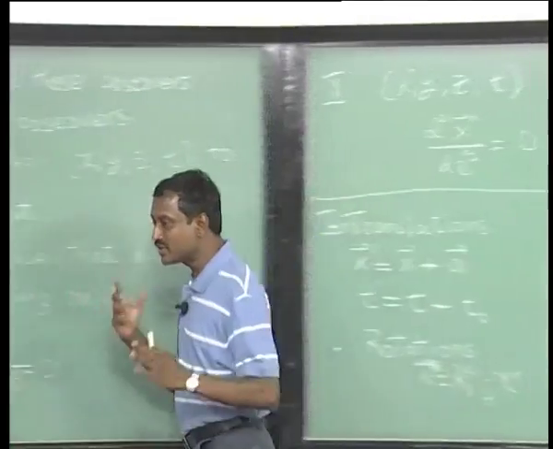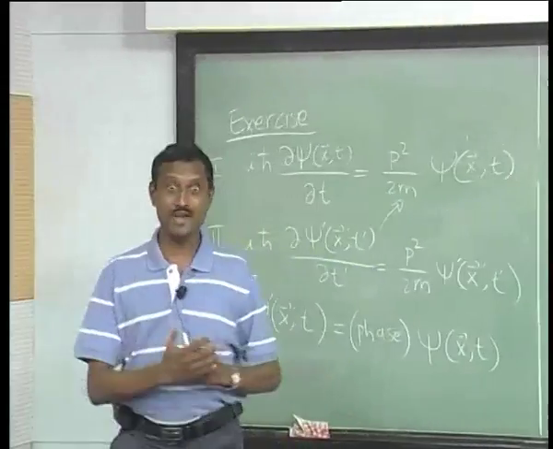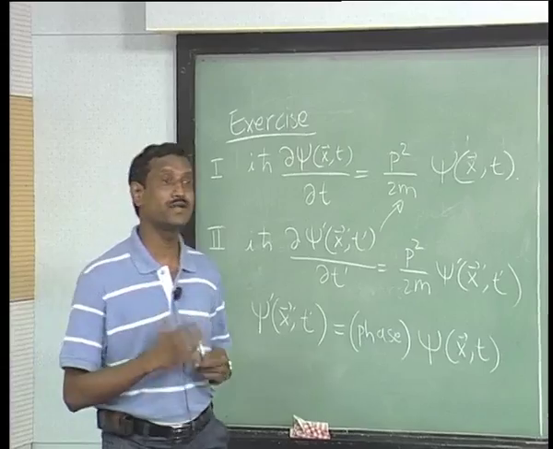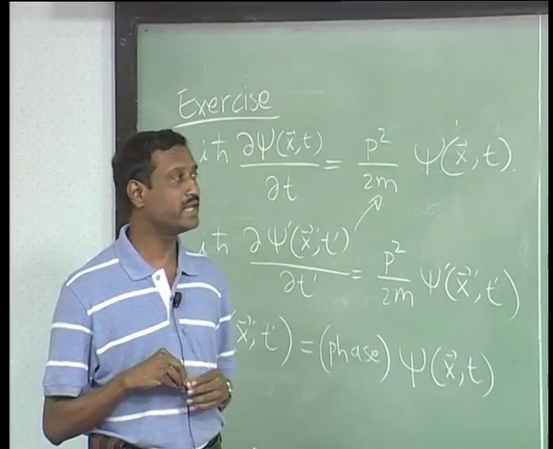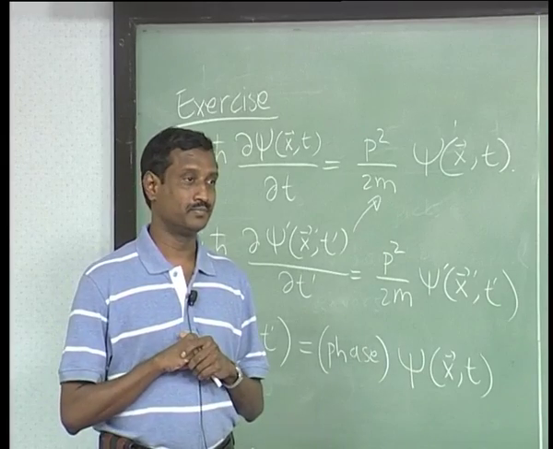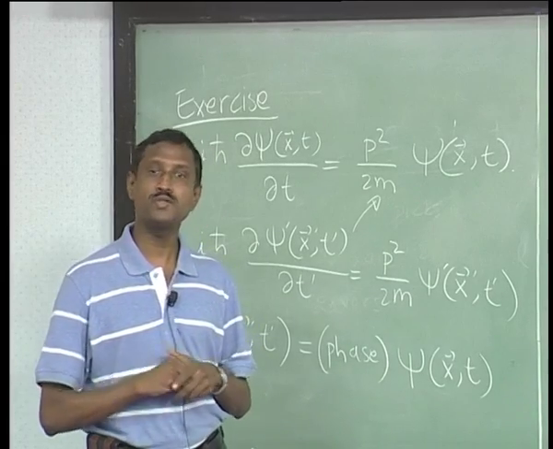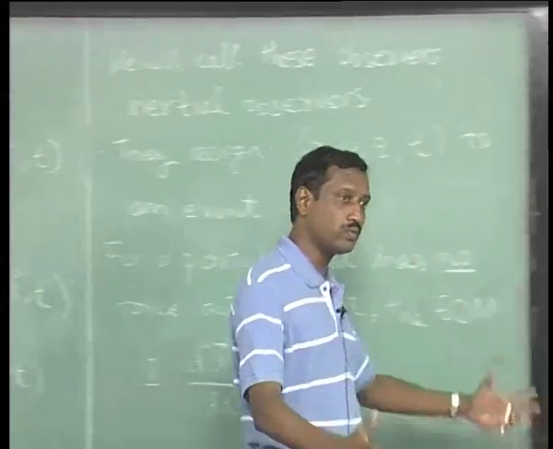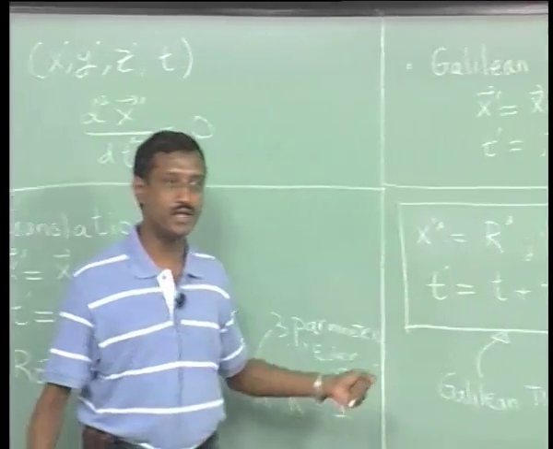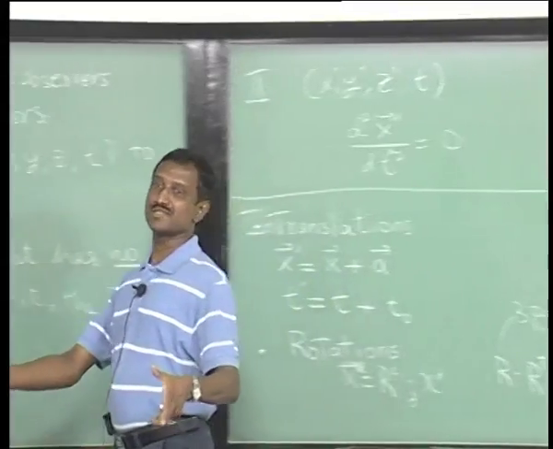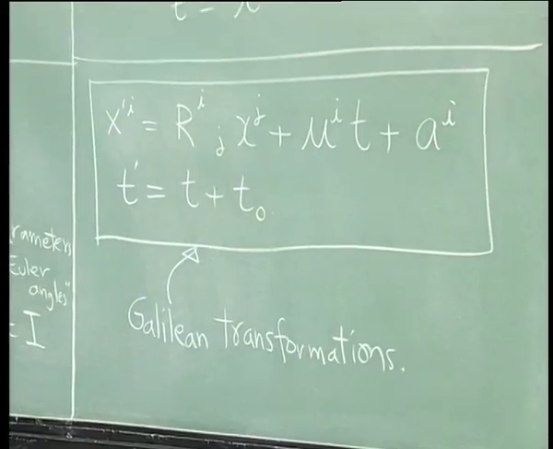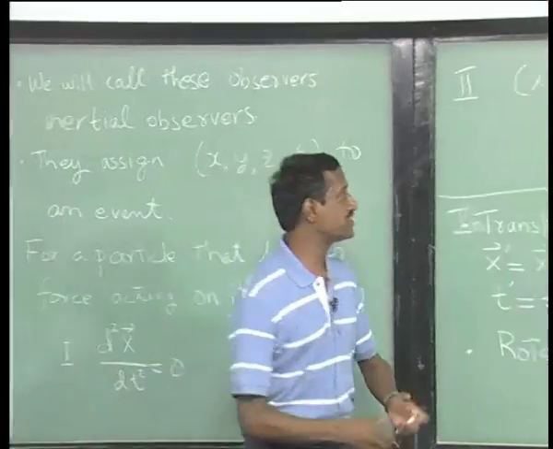Okay. But intuitively, at the end of the day it should agree. Why should it agree? Suppose it didn't agree. Let us assume that fluid flow was such that it did not respect this thing, then we could use the fluid flow to distinguish between observers.